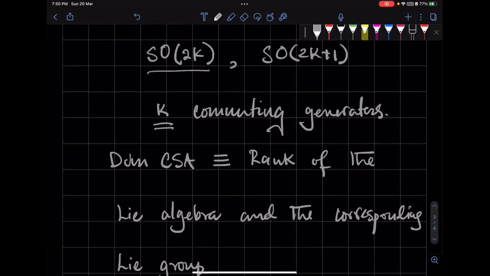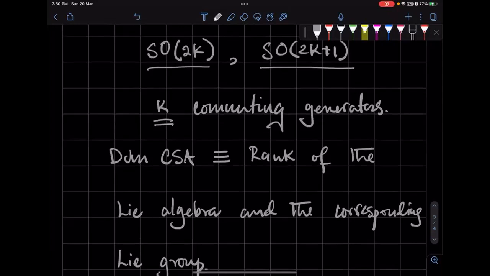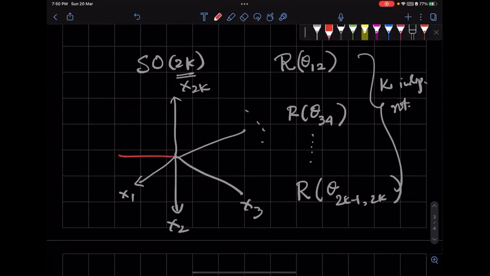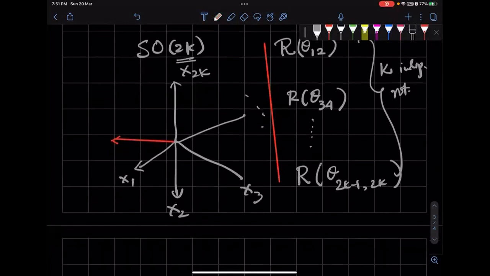And if I consider SO(2k+1), if I add a new direction to the space, because this new direction doesn't have a partner to pair up with, we don't really get a new rotation that's going to commute with this bunch, right? So that doesn't change the rank of the group in the Lie algebra. Okay, so any more questions?